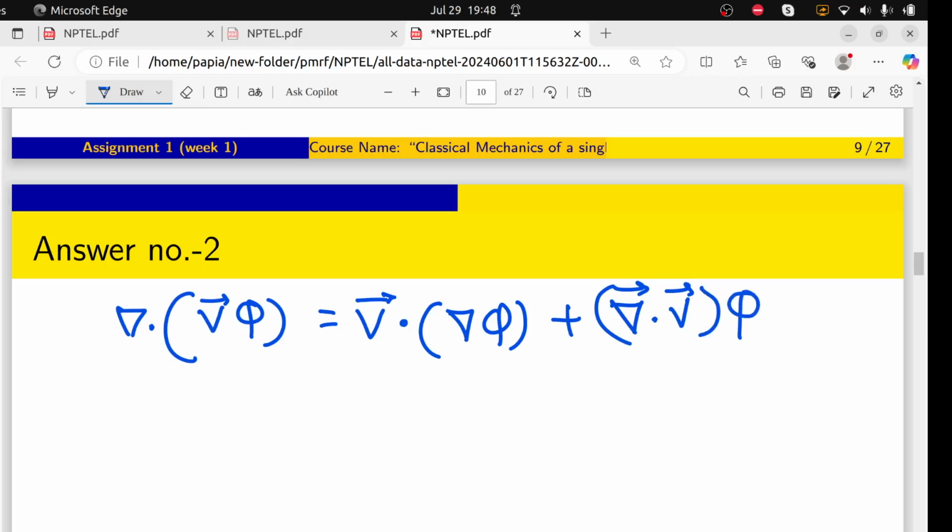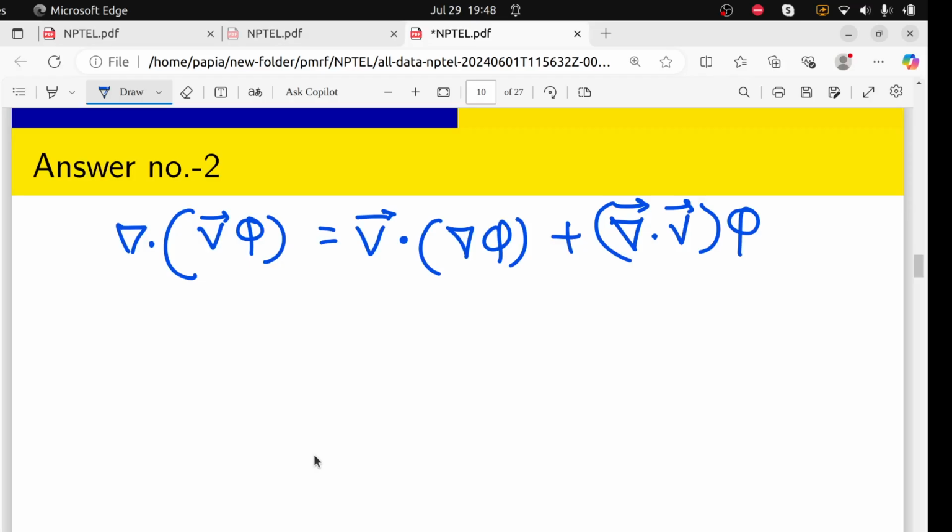So why am I writing this, and how can I write this? You don't need to remember all the rules, because there are so many rules in vector calculus.